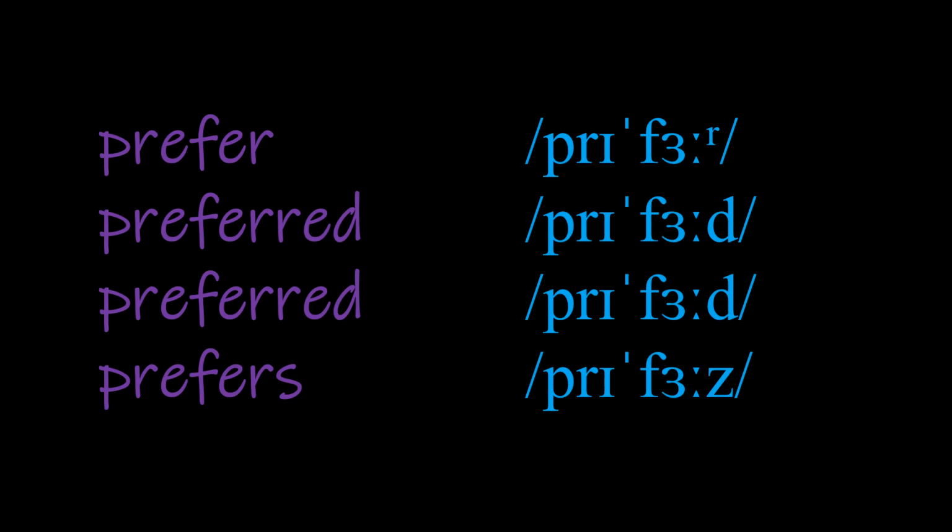And so it's just natural for that vibration to continue over to the next sound, and that's why it's prefers and not prefers, because that takes more effort to try and turn it into an S. So it's easier for your throat to just continue that vibration, and that's why it's actually a Z sound.